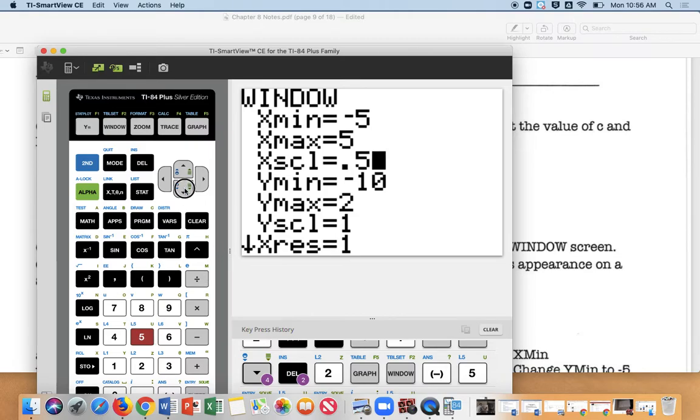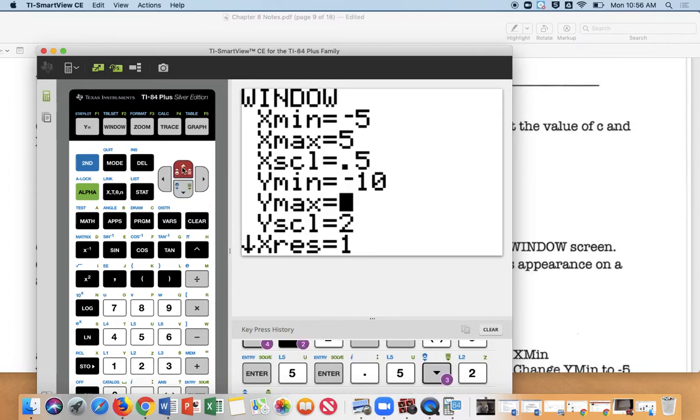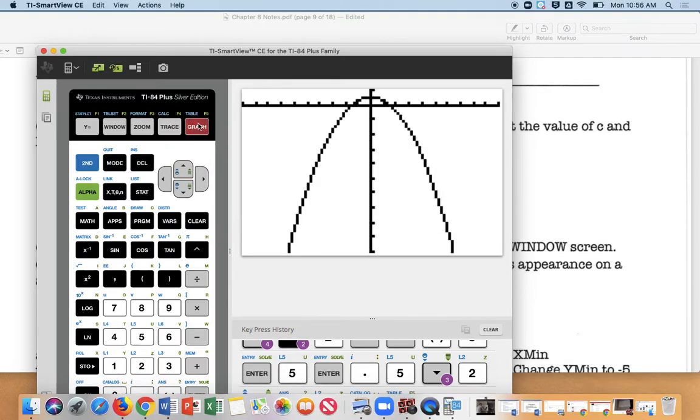For the y, maybe I want to count by 2 and go all the way down to -20. Now you can see when I graph it, it looks a little different. So it's all about your opinion.